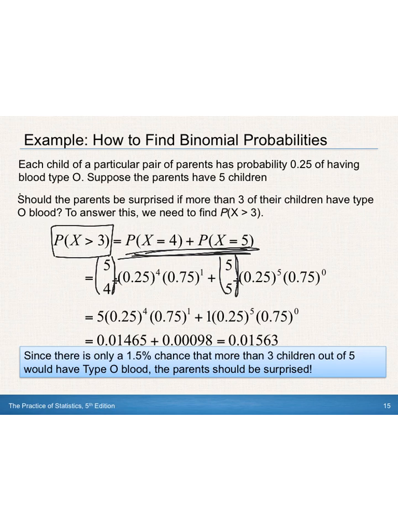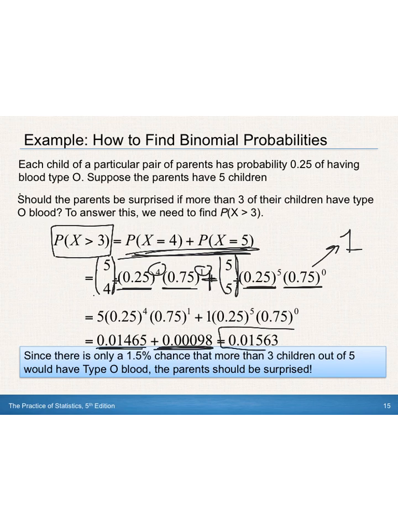So we'd have 5 take 4, and then here's the chance that you get it 4 times. Here's the chance you don't get it 1 time. And we're going to add it to 5 given 5, which is just 1. And then here's all 5 getting it and no kids not getting it. And remember, this would be just a 1. So here's the probability of 4, and here's the probability of 5.